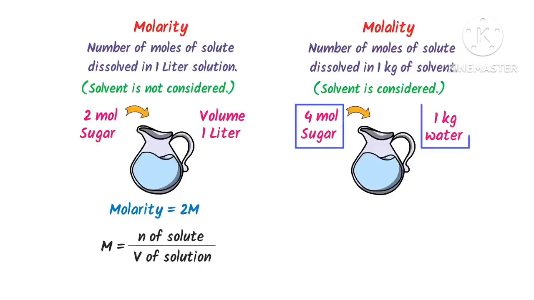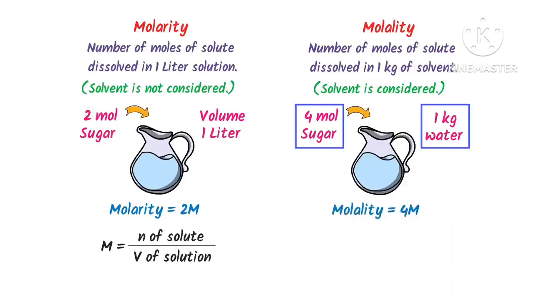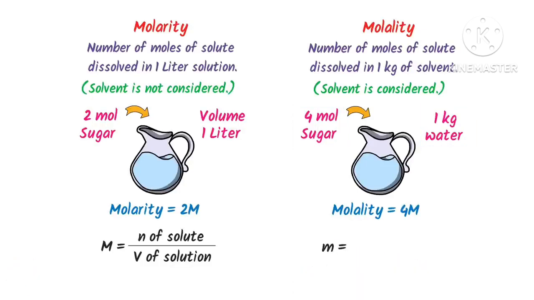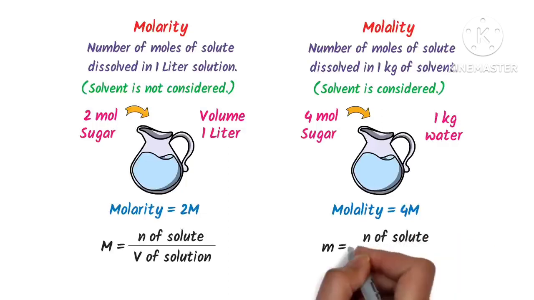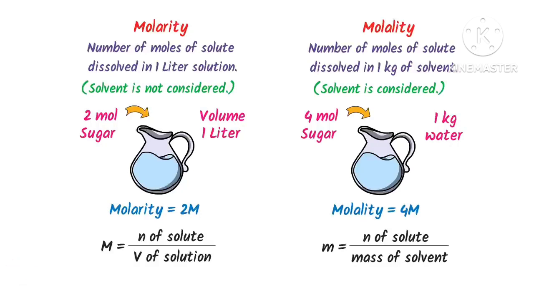The solvent is water and the mass of the solvent is 1 kg. So the molality of this solution is 4 m because we have dissolved 4 moles of sugar in 1 kg of solvent. Remember that molality is denoted by small m and it is equal to number of moles of solute upon mass of the solvent in kg. I hope that you have learned the important concepts of the first chapter of chemistry.